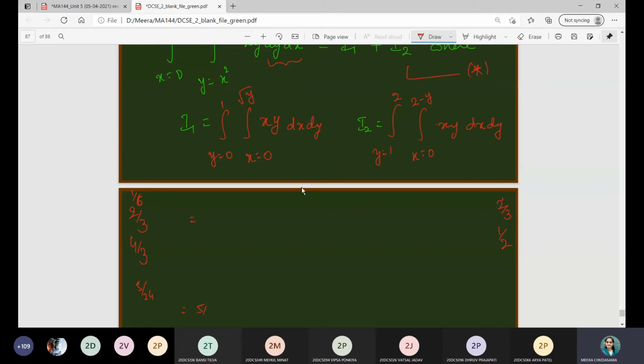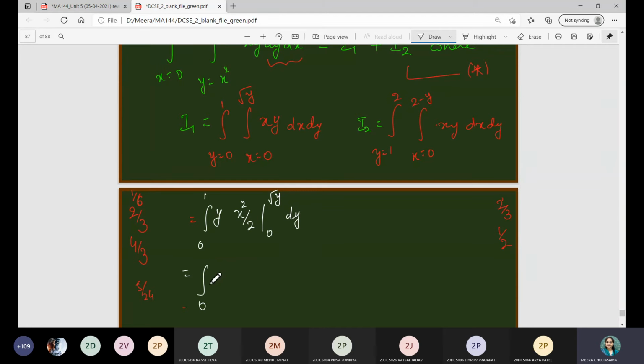Let us see. Since we are taking integration with respect to x in the inner integration, we will treat y as constant. So y as it is, and x square by 2 is the integration in which the limits are varying from 0 to square root of y, dy.